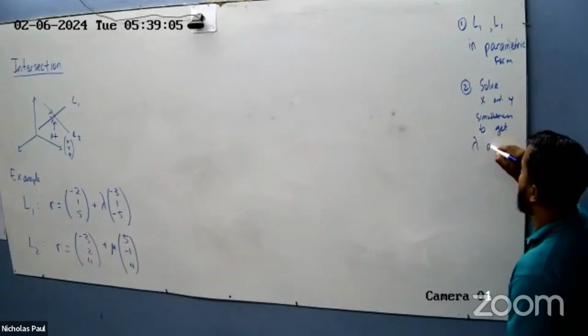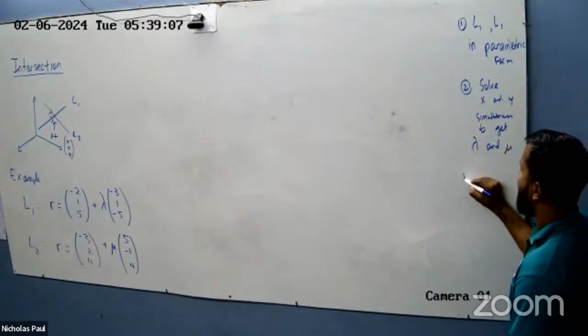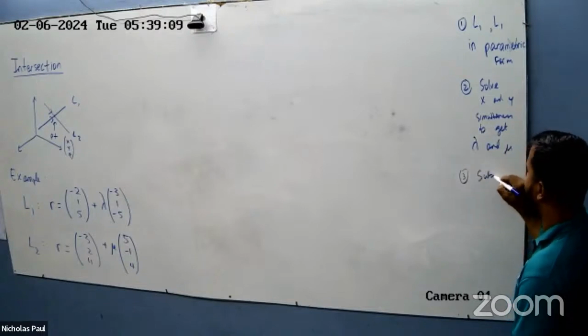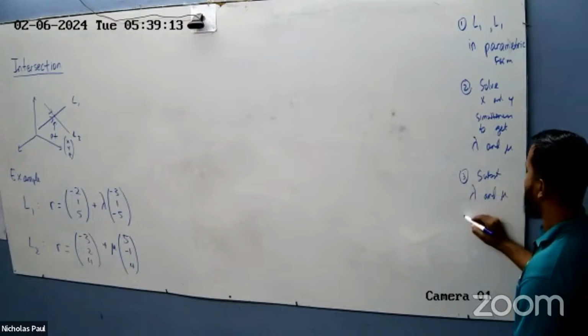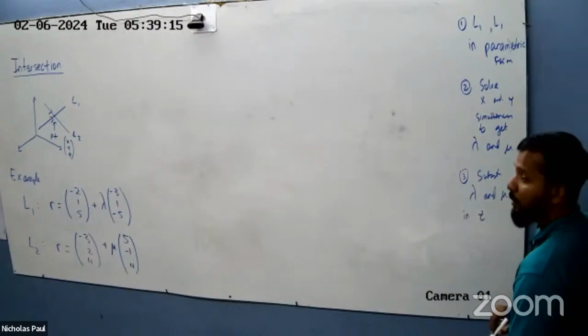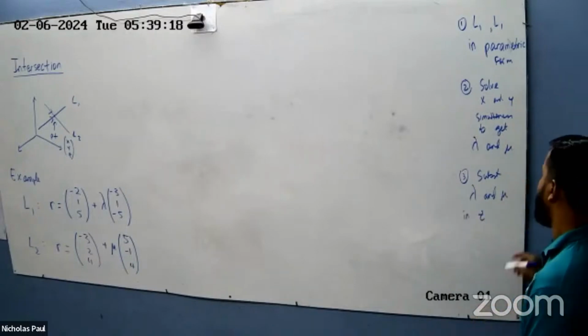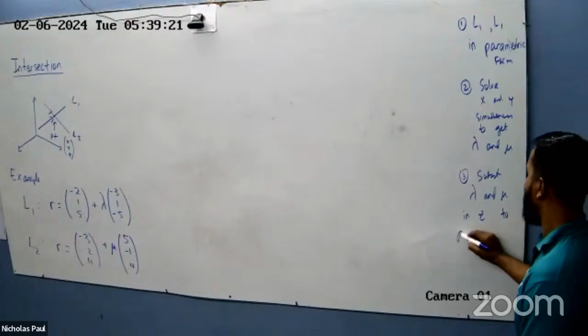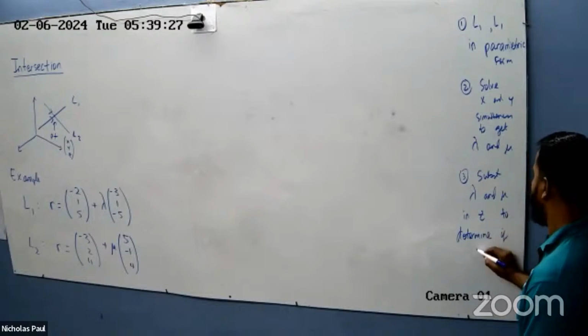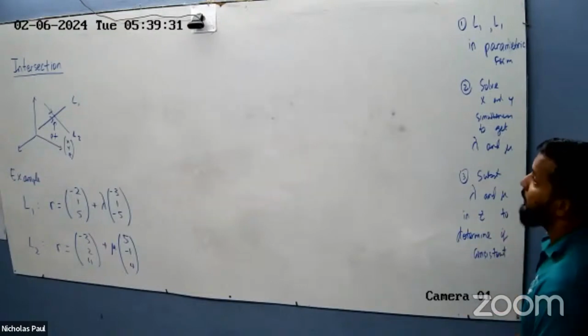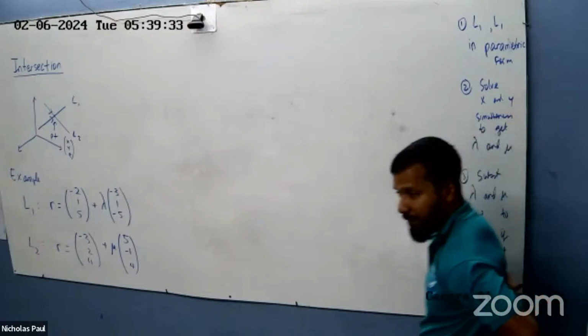Then the third step, we're going to substitute lambda and mu in Z, for both of them, to determine if they intersect. So these are the three steps that we're going to take.